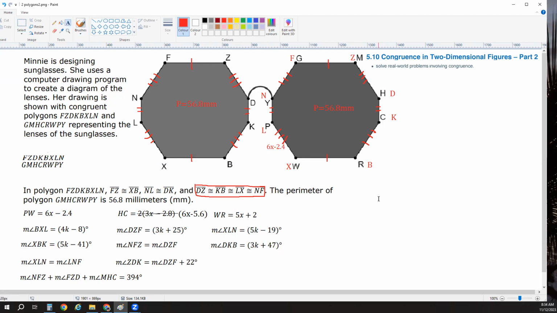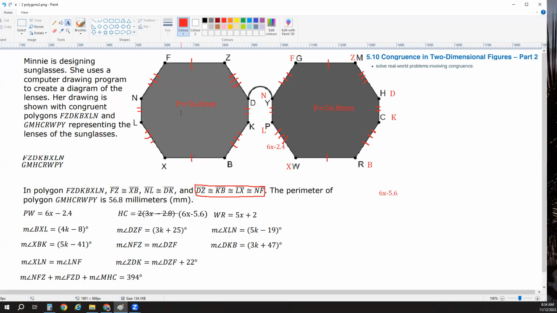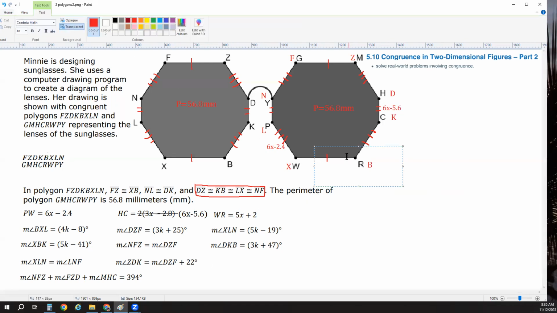So I'll do that again. 6x minus 5.6. Move it over to HC. There we go. Then we have WR. WR is this one right here, and it's going to be 5x plus 2. Make it red. Over here. Let's scooch that down a little. This is 5x plus 2.